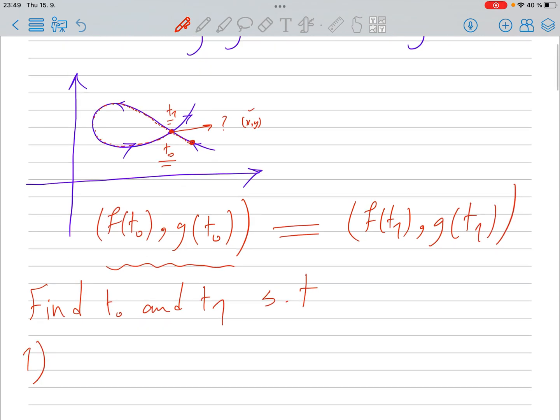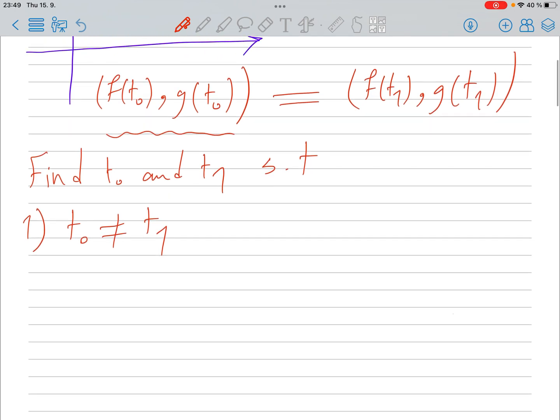So therefore, to find the coordinates of this point, it's enough to find t0 and t1 such that, number one, t0 is not equal to t1. Why? Because the particle meets this point after some time, and we call that time t1. Therefore, t0 is not equal to t1.